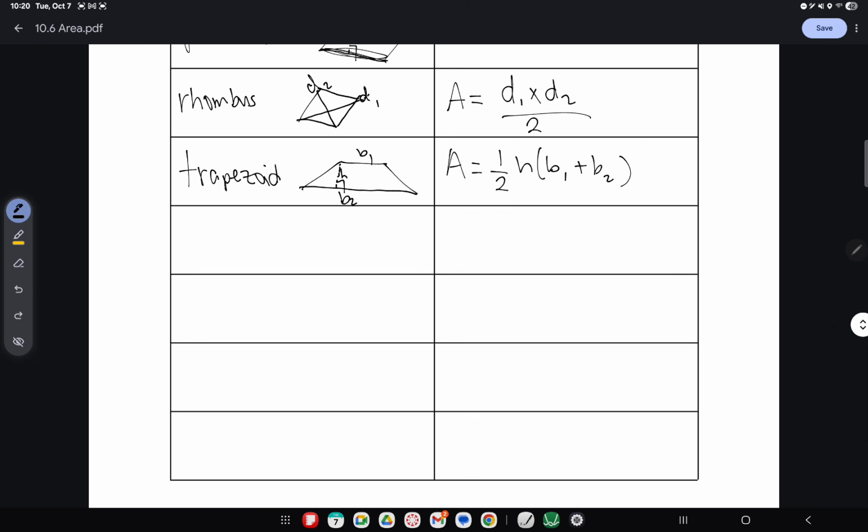All right, I have a bunch more spaces than the shapes I was really thinking about. I was thinking circle as well. So circle, remember we have a center of the circle, and then we have a radius. So the area of a circle is pi r squared.